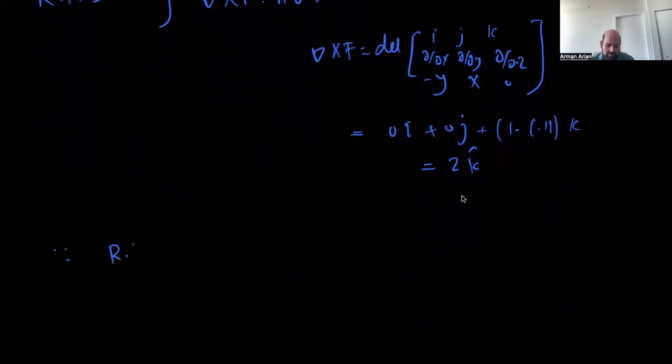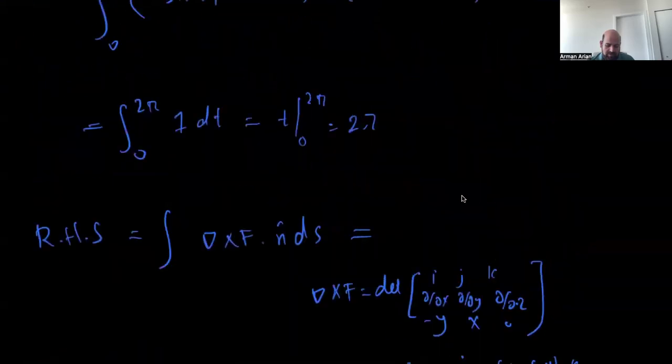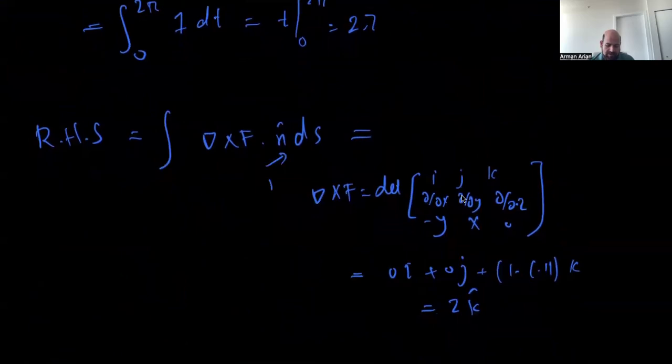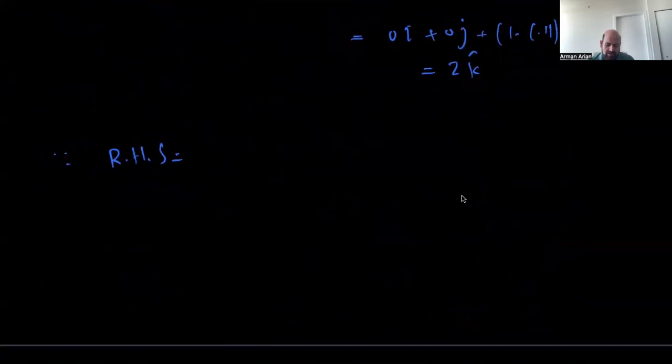Therefore, for the right-hand side, let's substitute back. Curl of f is 2k, and n is k in the case of counterclockwise, as we mentioned earlier. So we get the integral of 2k dot k ds on S, or the integral of 2 ds on S. The integral of 1 dA or ds is just the area.